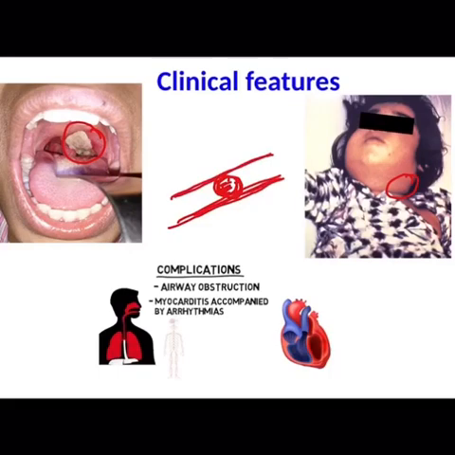Complications of pharyngeal diphtheria. As I mentioned before, if this membrane extends into larynx and trachea, this can cause airway obstruction. If it reaches heart, it can result in myocarditis, and this can produce arrhythmias and even heart failure.